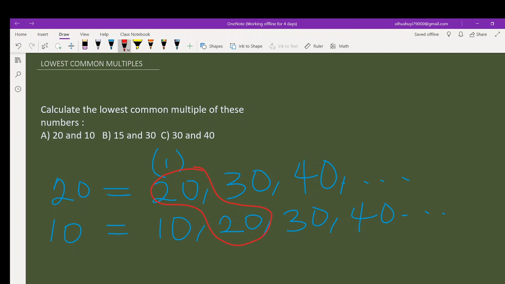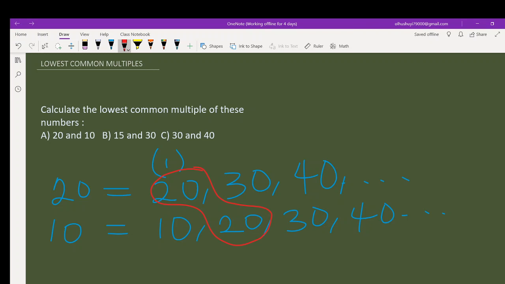You can be told to calculate the 10th common multiple or the 4th common multiple. There are two ways you can do this. You can continue with this approach until you locate the 10th common multiple, or you just pick the lowest common multiple and multiply by that position, which is 10. You will get the same answer.